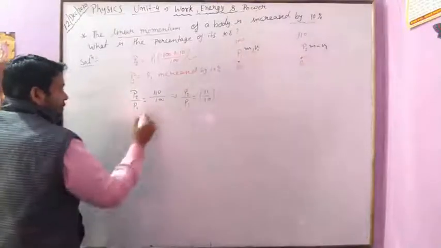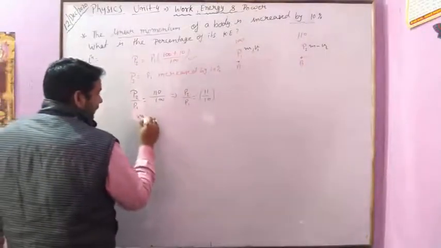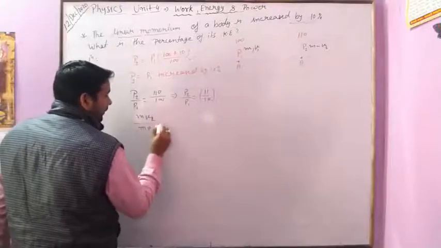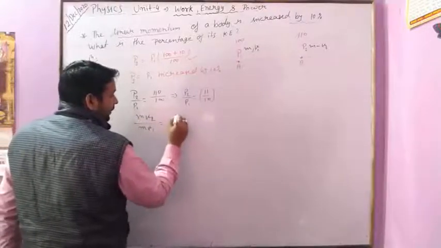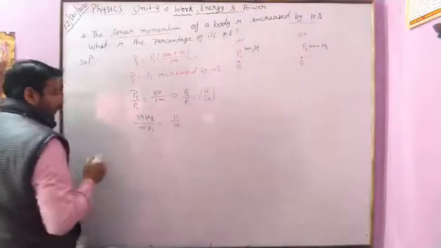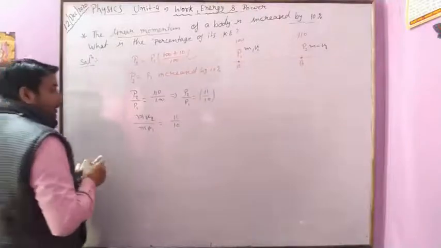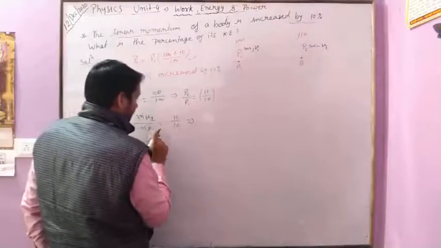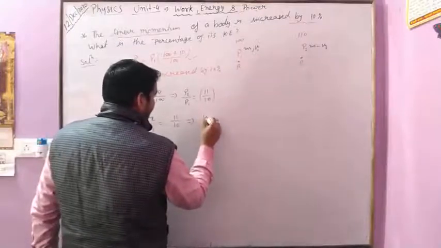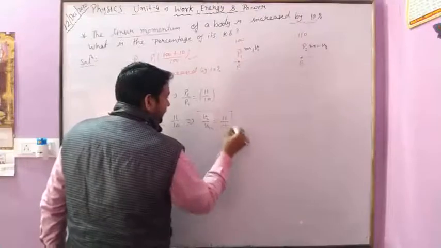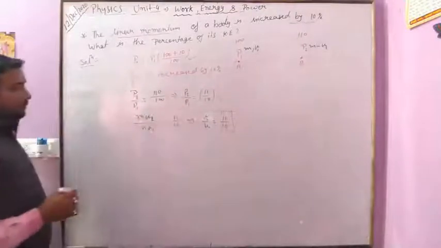Therefore, mv2 upon mv1 is 11 by 10. Here m cancels, and you will get that v2 upon v1 is equal to 11 by 10. Is this clear to all of you?